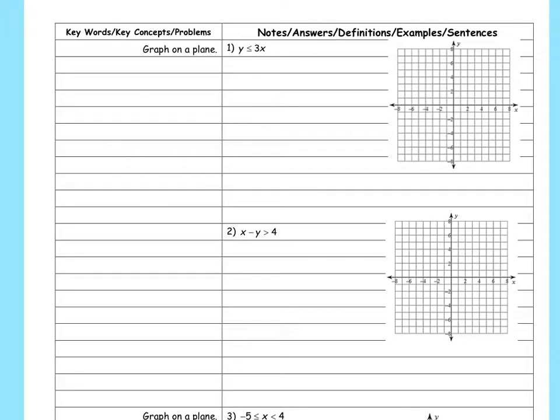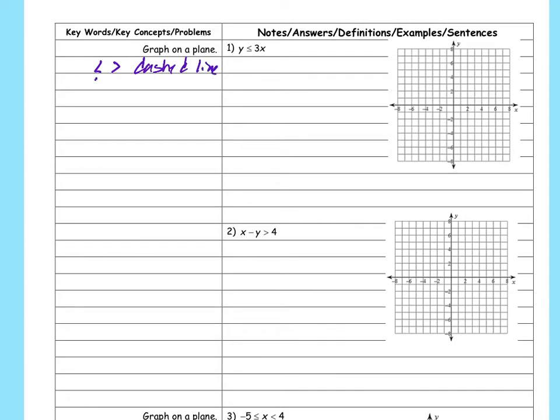So most of this whole lesson is graphing. We're graphing inequalities, either one inequality on a graph or two. So there's a couple things we need to talk about when we're graphing an inequality. If I use a less than or greater than sign, I have a dashed line.